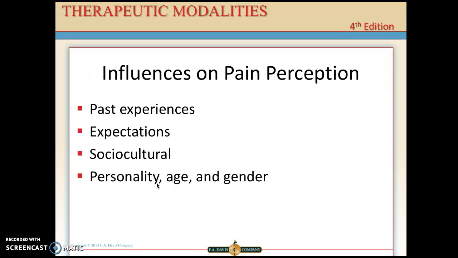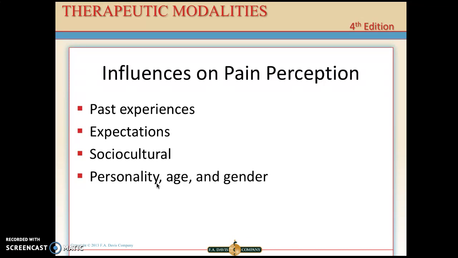As I was mentioning before, influences on pain perception could include past experience. This is not new information. When we talk to patients about their pain, we ask them what's the worst pain they've ever felt. It could be related to the patient's expectations. If they feel like a particular modality is going to hurt them, and it starts hurting a little bit because they're expecting it to hurt, then their pain perception may be amplified.